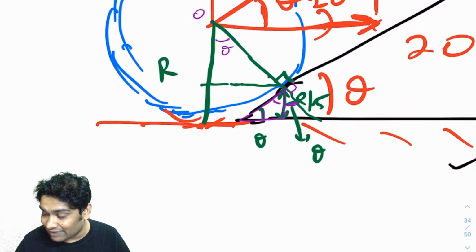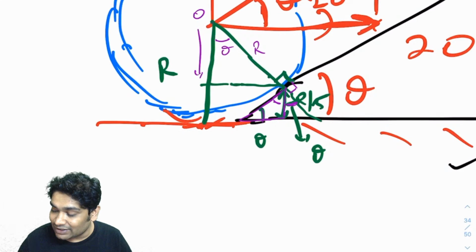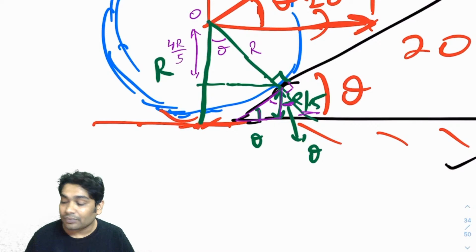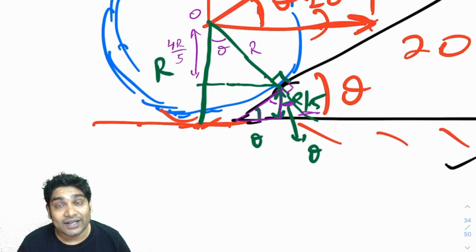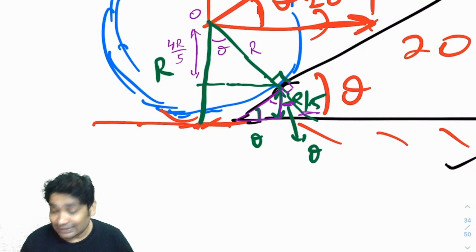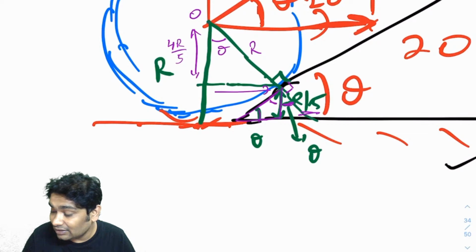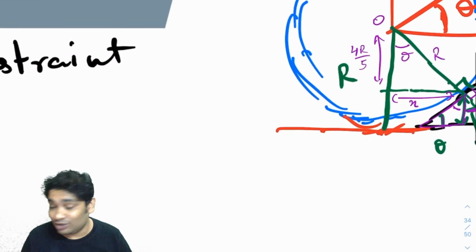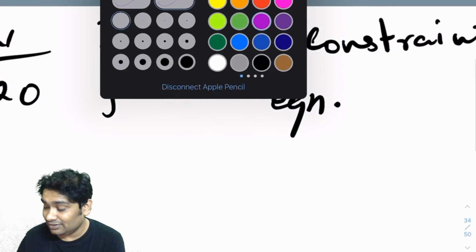What about this side? If this is O, this side is R. What about this? This was R by 5, so this would be 4R over 5. Now, what is this side? If this side is some x, then I can apply Pythagoras theorem and find x.